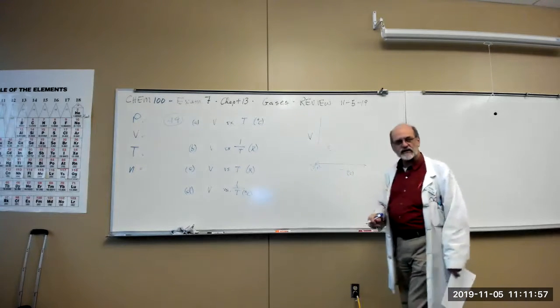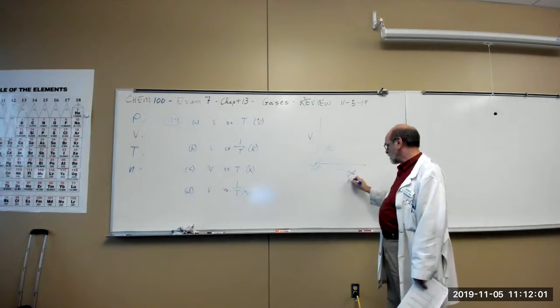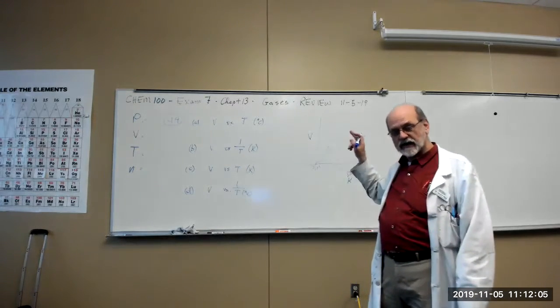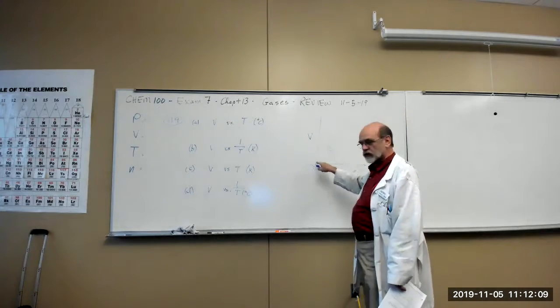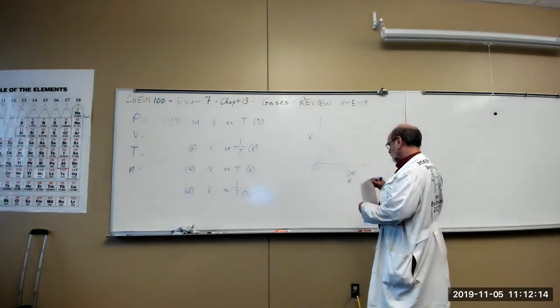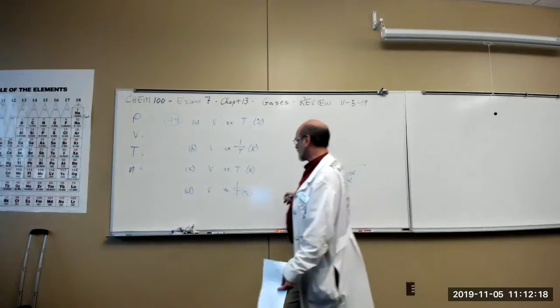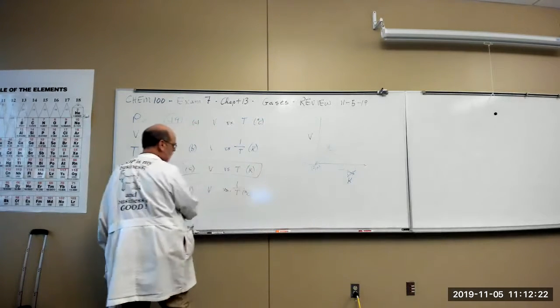But the only condition under which that happens is if the temperature is in Kelvin. That's why we have to change temperature to Kelvin every time, because we want it to go through 0. That's the origin. So that means that this one is our answer.